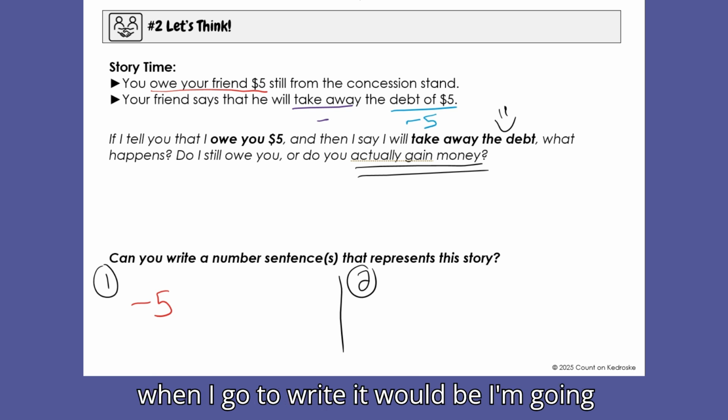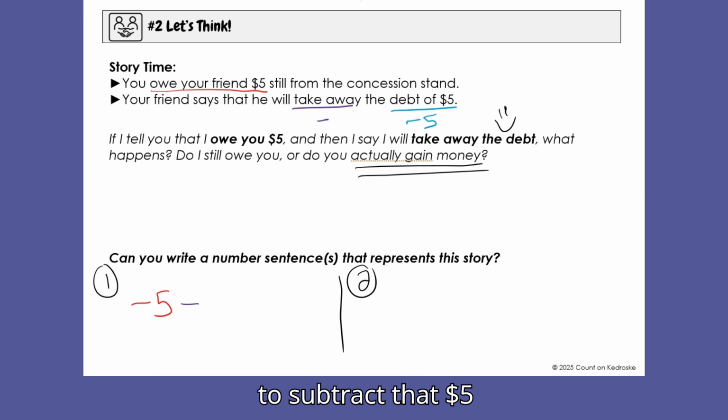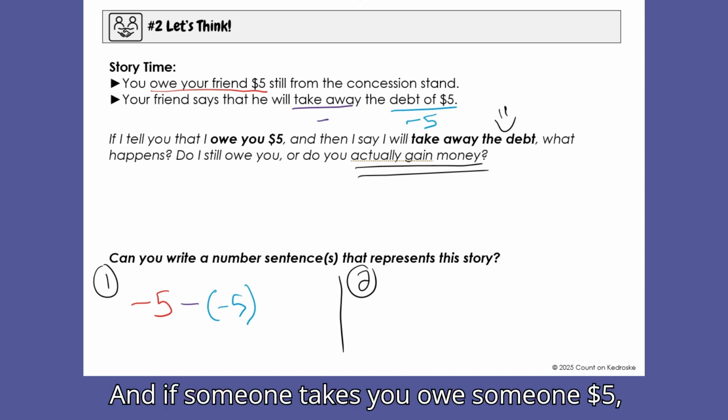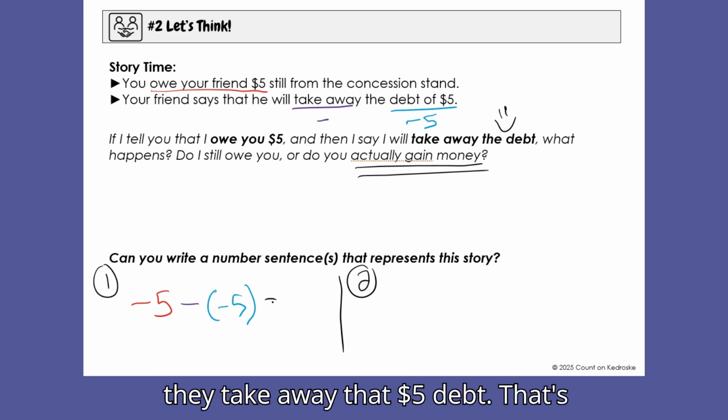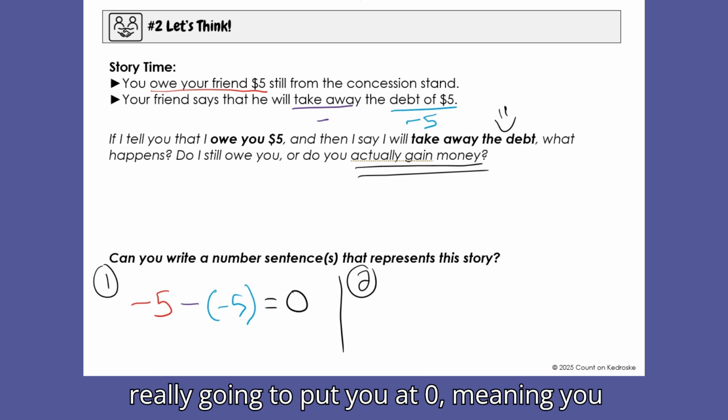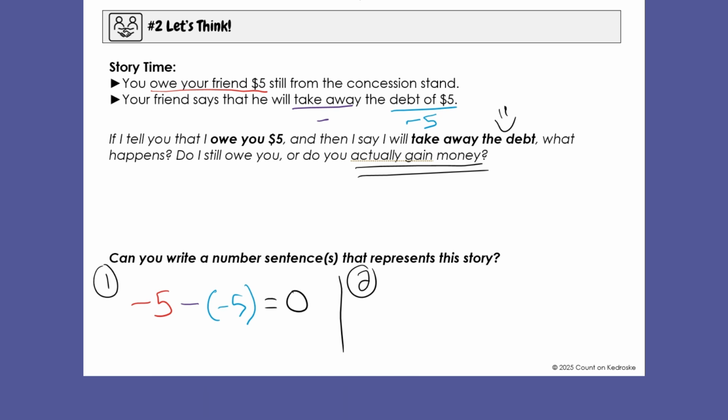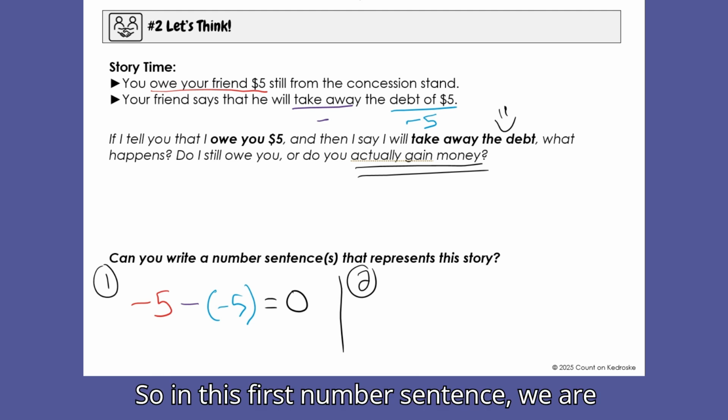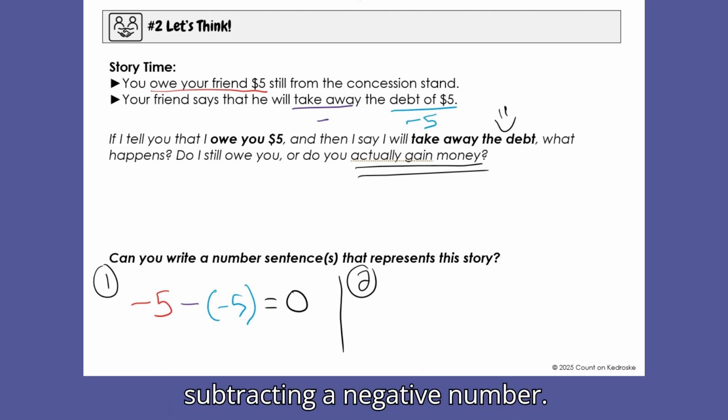So I'm going to subtract that $5 of debt. If you owe someone $5 and they take away that $5 debt, that's really going to put you at 0, meaning you no longer owe that debt. So in this first number sentence, we are subtracting a negative number.